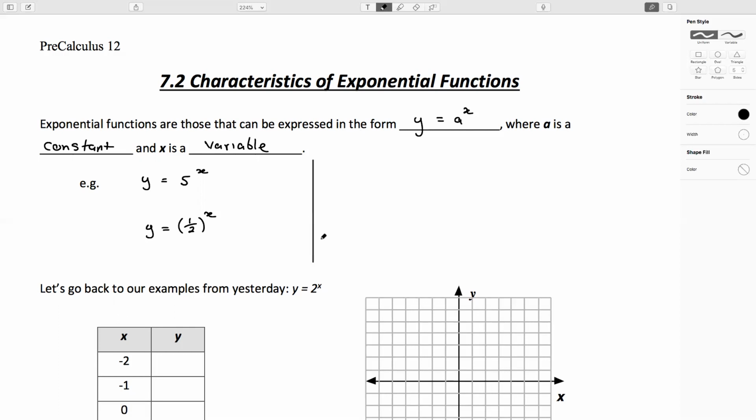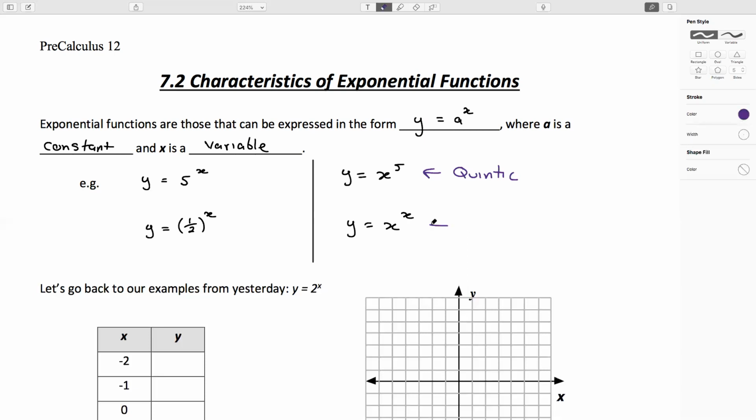However, if we change where everything's written, if we were to write y equals x to the power 5, well, that's not exponential anymore. This is what you would call a quintic function. And something like y equals x to the power x. That is not an exponential function either, because we have a base that is a variable and an exponent that's a variable.